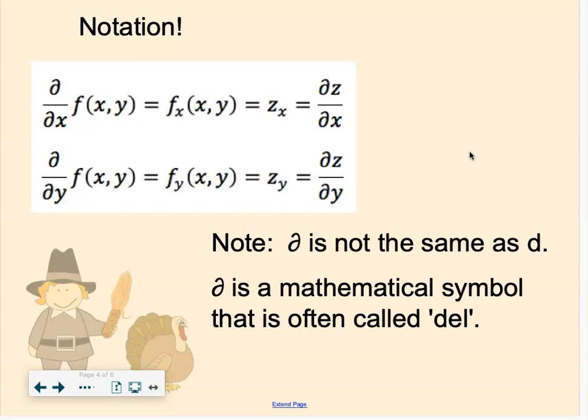I thought they were just italicized D's, doing d dx of f of xy, and I couldn't figure out how you know when it's a partial derivative versus a regular derivative. Then I dug in on the internet and found that it is not an italicized D. It's a squiggle that looks like a D, and it's called a del. So it's not a Greek letter. No, like D-E-L. It's a math symbol, and it really is basically a squiggle D.